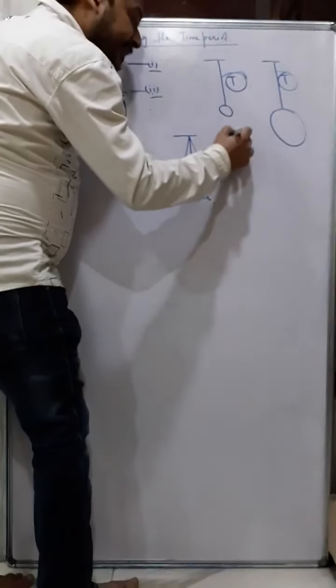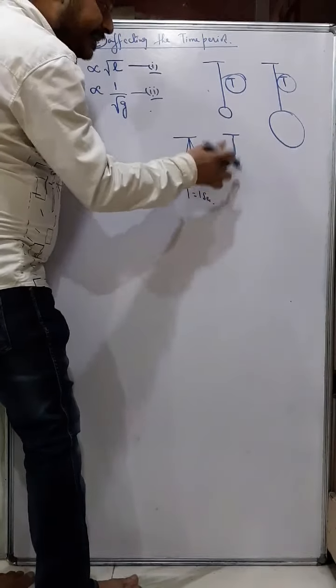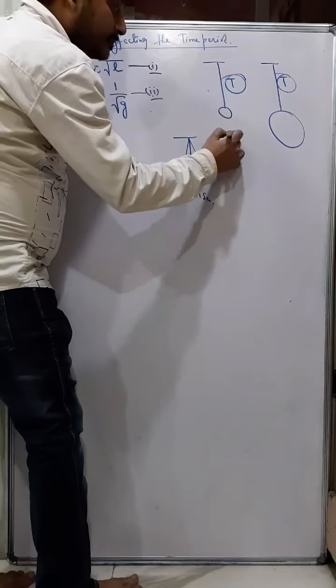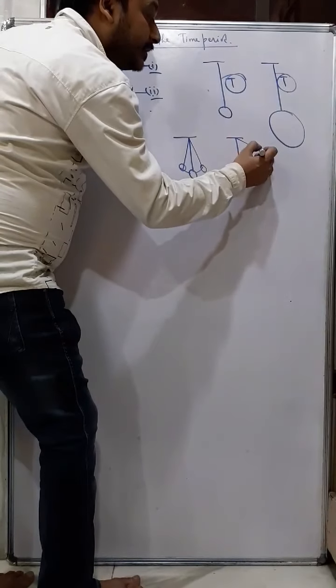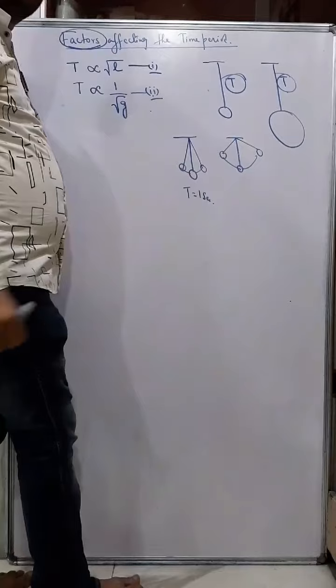Now for the same pendulum, if I give a greater push, then the amplitude will be higher, right? Now also the time period will be the same. It's not that since it is going to a higher distance, it will take more time now.